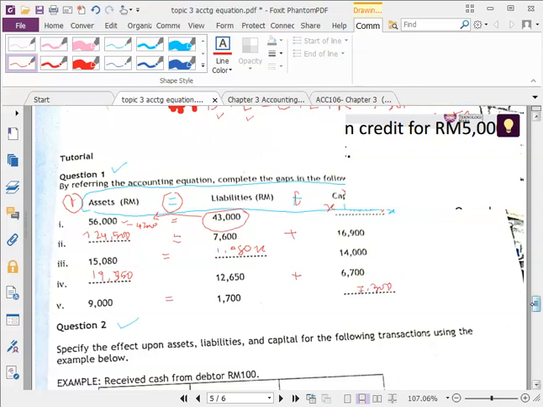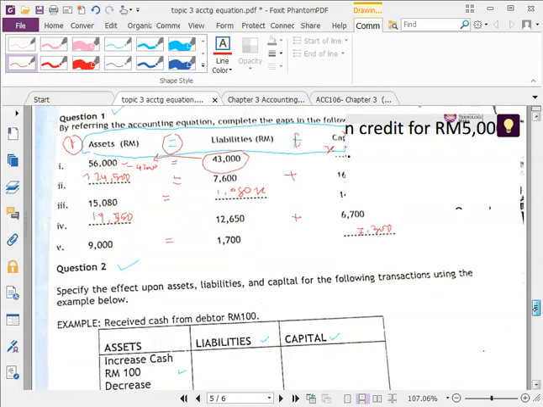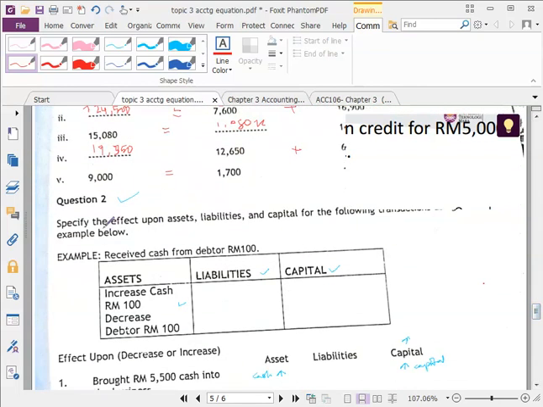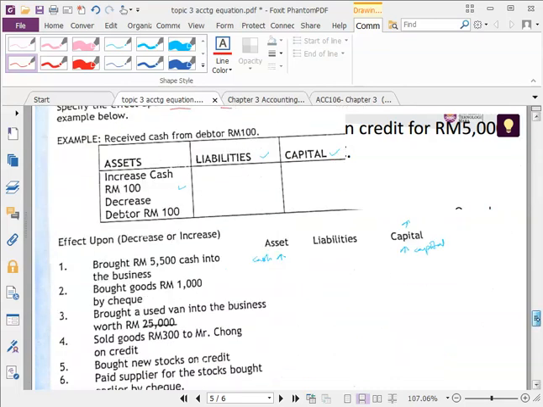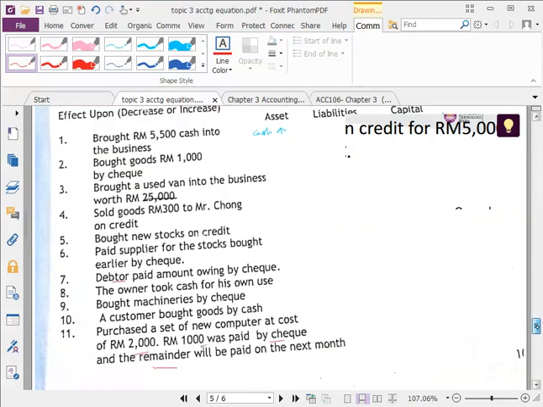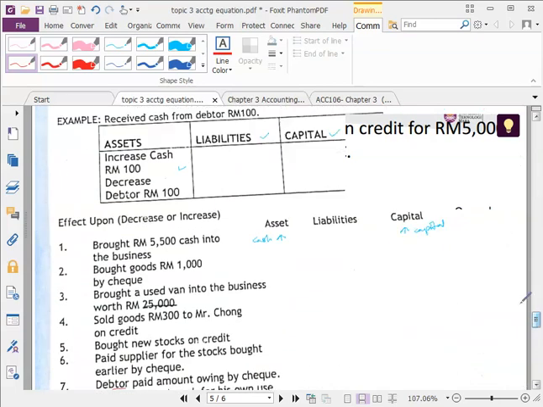Okay, so I hope that you will understand this simple, basic equation. Okay, how about the second one? Specify the effect upon asset, liability, capital for the following transaction using the example we did. Saya nak you all tentukan sama ada kita tengok kepada expanded accounting equation iaitu asset, lagi apa?